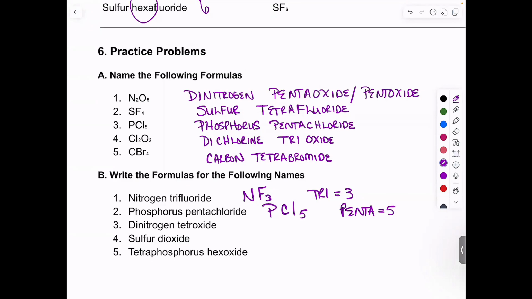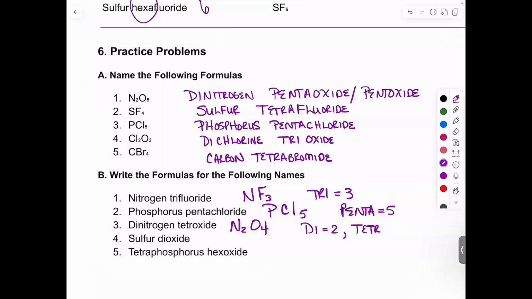Dinitrogen tetroxide. That's a pretty popular one too. I think that's found in rocket fuel. Okay, I could be wrong, but I think that's found in rocket fuel. Okay, so we have dinitrogen, right? So that's 2.